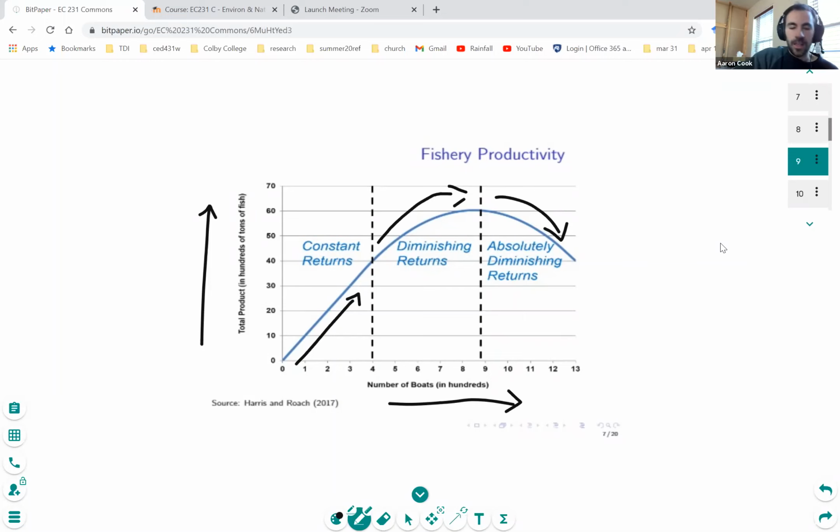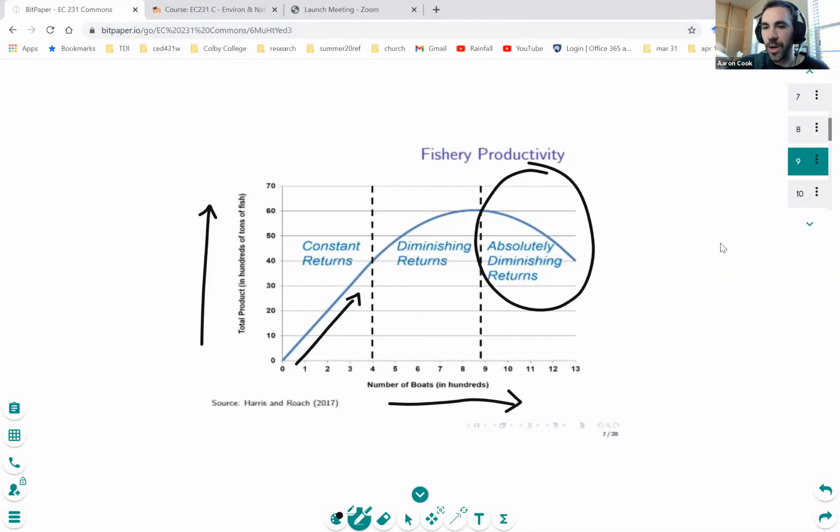So let me just point out, already we can see there's something wrong with this part here, because that's the total amount of fish you can catch, not for an individual, but for the entire collection of boats. And so this cannot possibly be the most efficient level of fishing effort, because you could put in less effort.